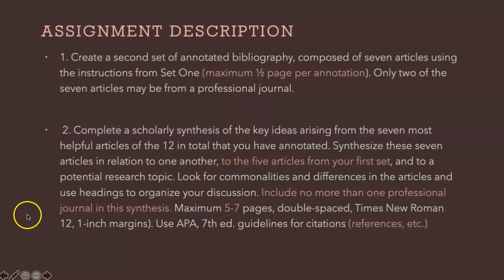Double space, Times New Roman 12, that is, the font should be size 12, and 1-inch margins. And then, of course, using APA 7th edition for citations, references, where you put headings and how you set up headings and all that sort of thing.